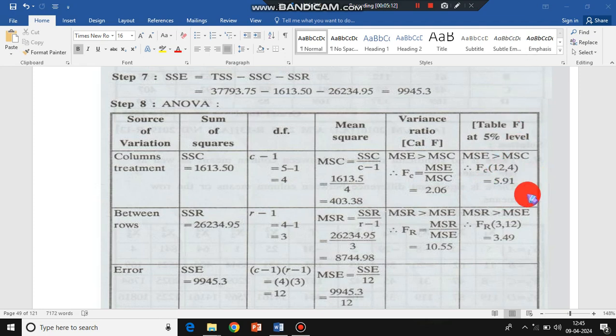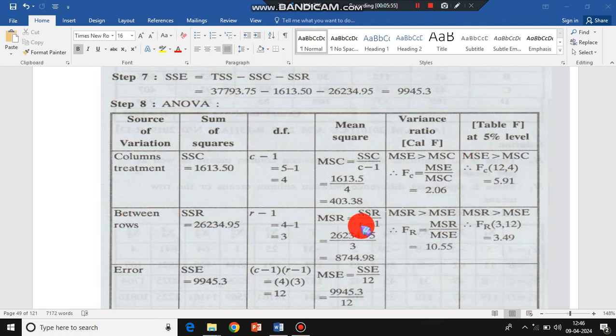You go to the table and see it is 5.91. This value comes from the statistical table. So the calculated value of F column wise is 2.06, whereas the table value column wise at 5% level is 5.91. These two values we have got.